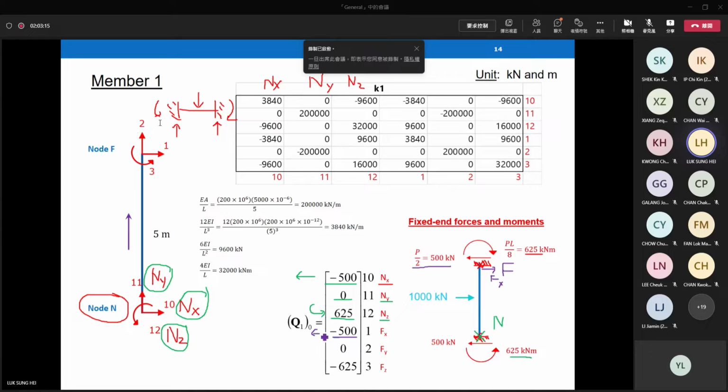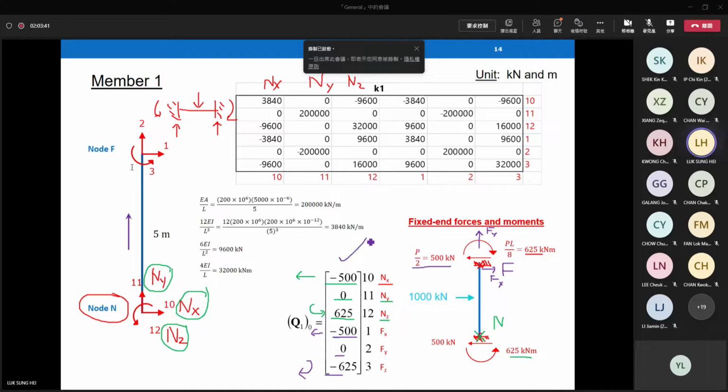Fy means the vertical component, but from the picture we don't have any vertical component, so 0. Finally, the moment at the top, at node f, is a clockwise moment. Clockwise means negative, so we have a minus value. So when you do the conversion, be careful about the sign and the positions.